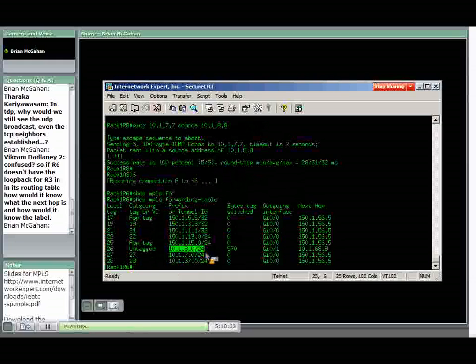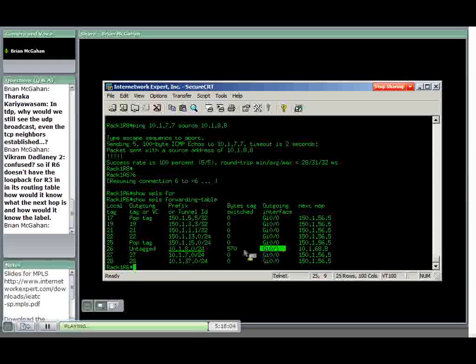So redistribute IS-to-IS, metric 1. Router IS-IS, we'll say redistribute RIP.